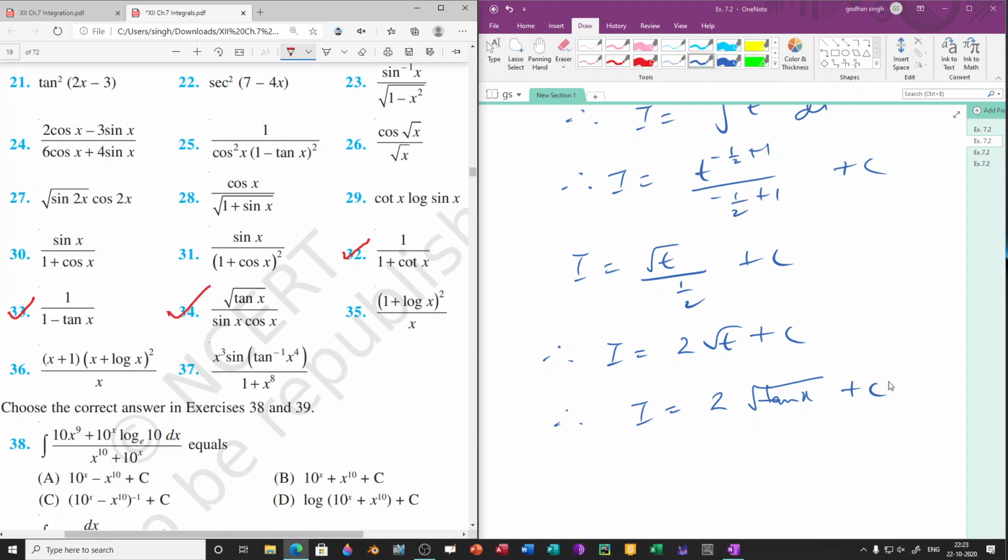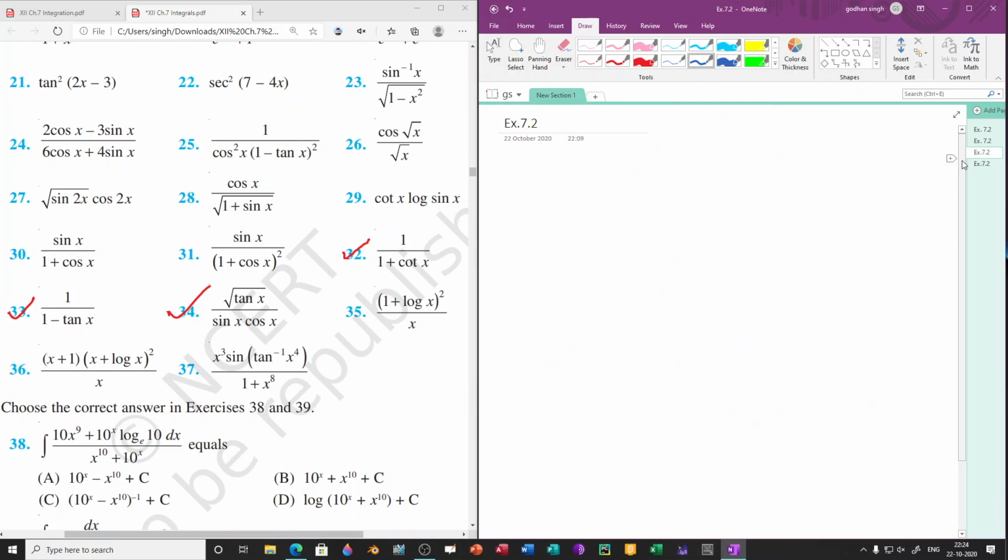So it was a very simple one, not difficult at all. Now question number 35 will also be for self trial. The hint I will give you for question 35 is this: we know the derivative of log x is 1 by x.